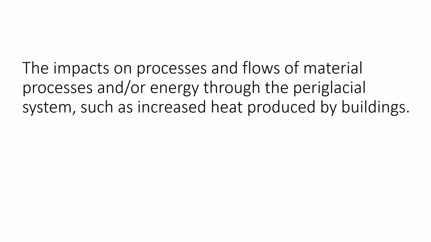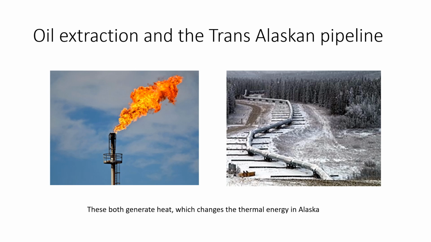So what has this pipeline done in terms of the processes and flows within this periglacial environment? Well, we've already mentioned the flaring, and that flaring, the burning off of the gas found in the same deposit as the oil, does mean that there is an increase in temperature. Periglacial environments are very sensitive to temperature, and as soon as you start doing any kind of activity that increases that, you will see an impact.